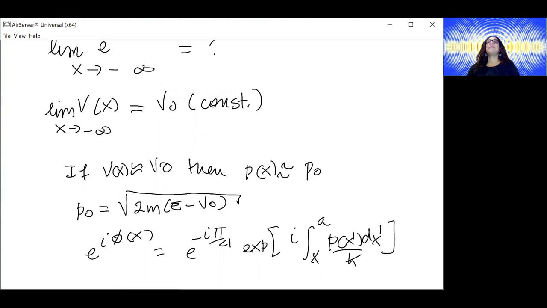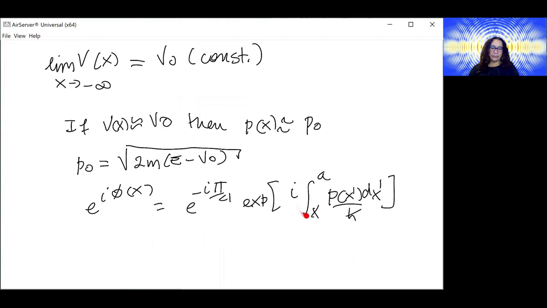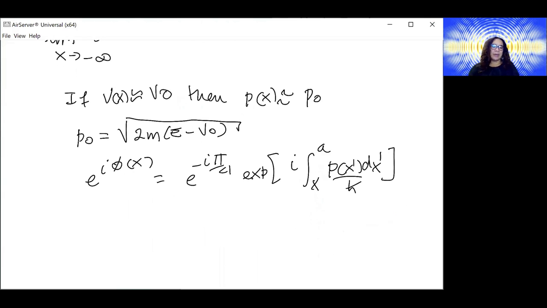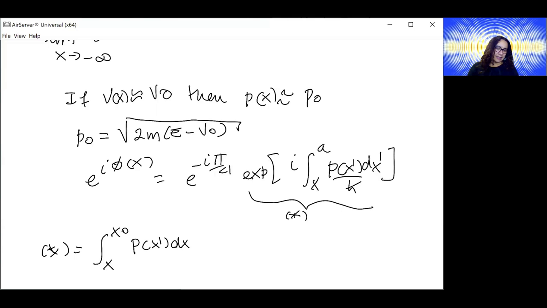And I can split this too. I'm taking here this integral from x to the turning point a, and I can write this as equal to the integral from x to x naught of p(x') dx' divided by h bar, plus the integral from x naught to a of p(x') dx' divided by h bar.